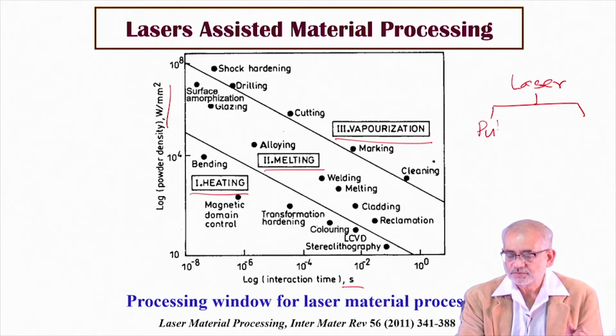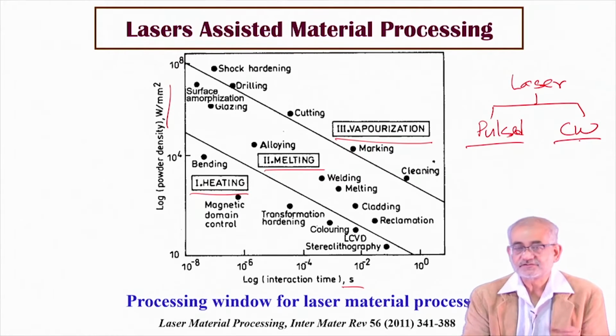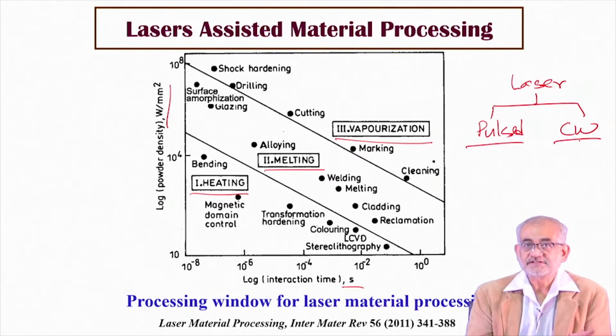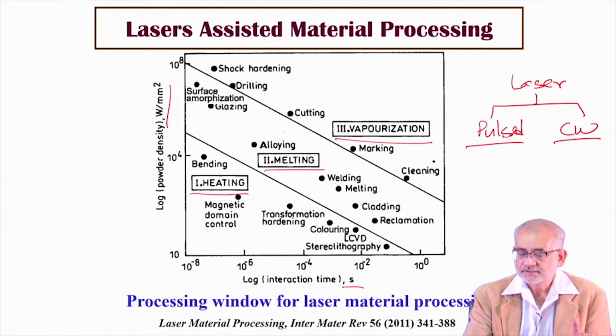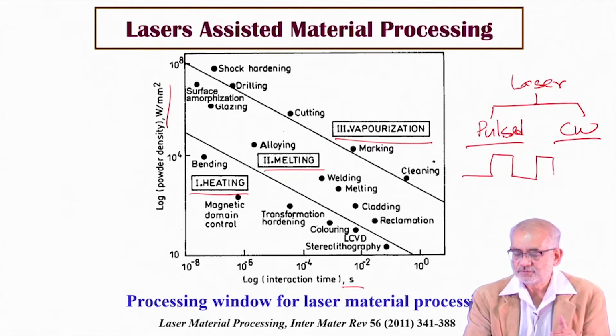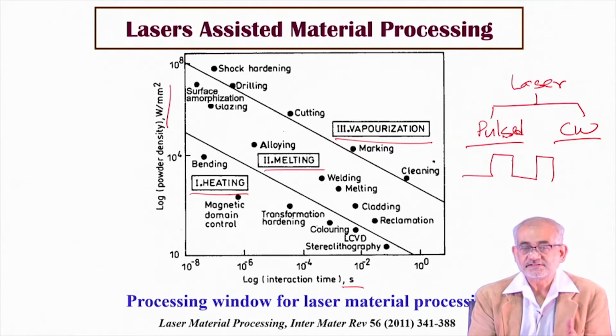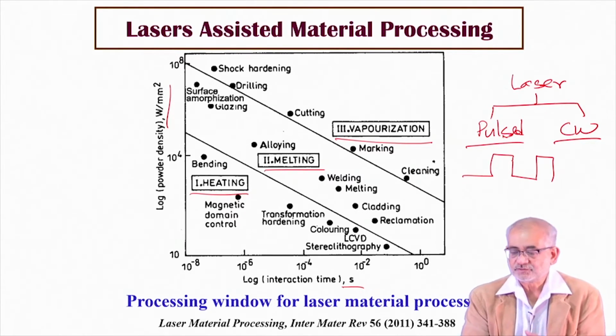One is the so-called pulse mode, the other is called the continuous wave mode. It essentially means that the intensity will go like this. So there is a pulse on time and pulse off time, right? The frequency and the peak height or the intensity will determine the heating effect or the changes that you can bring in.